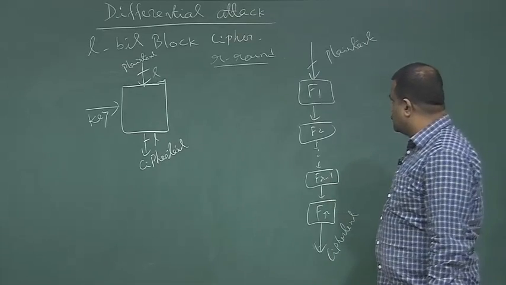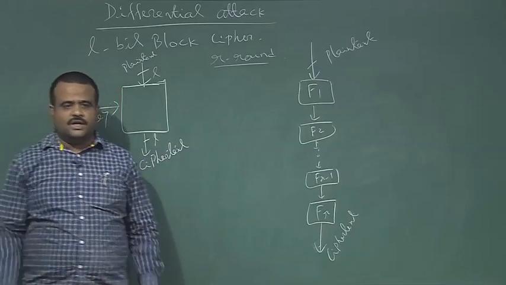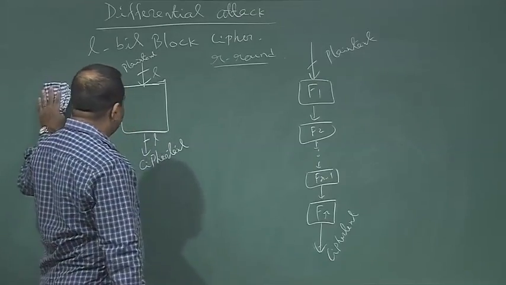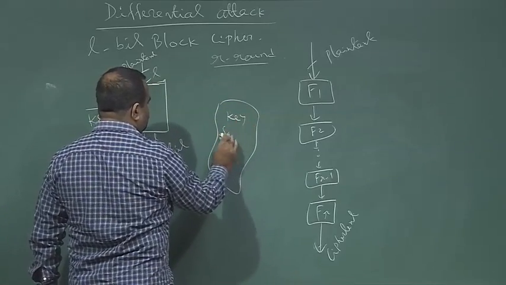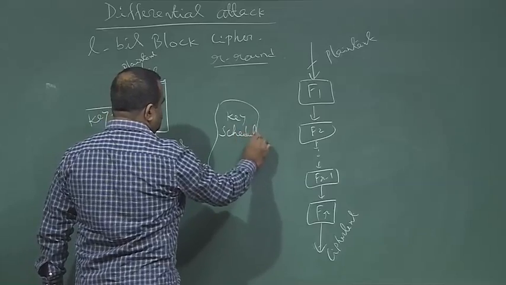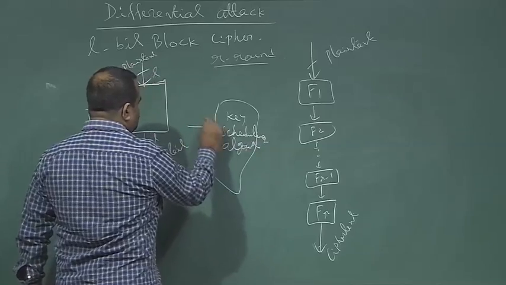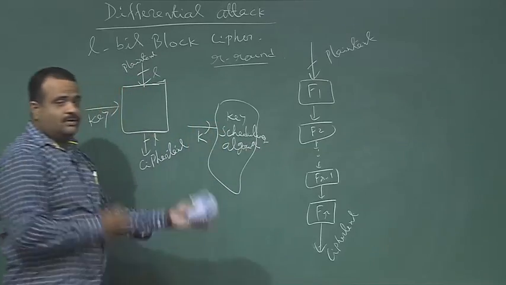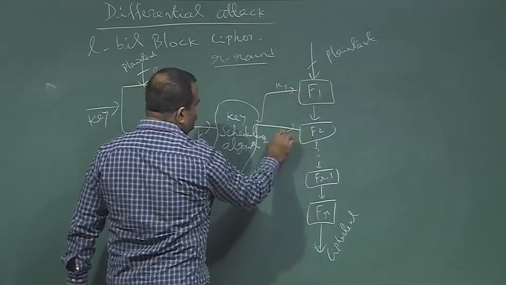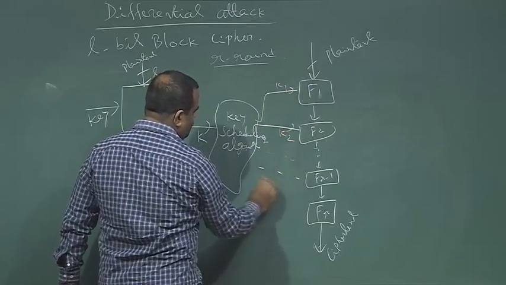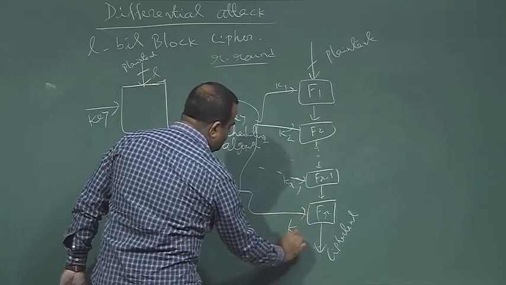This is the R round block cipher, and for each round function we need a round key. So, where can we get the round key from? Round keys come from an algorithm called the key scheduling algorithm, which is a public algorithm. It takes the secret key k, which is shared between Alice and Bob, and generates the round keys k1, dot dot dot, kr minus 1, and for the last round, kr.